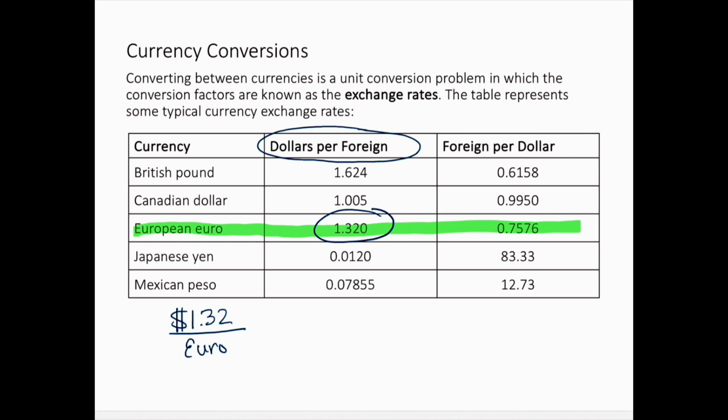So every euro is equivalent to $1.32. When you look at this column, that means foreign per dollar. So the amount of the foreign money per dollar. So that's going to be 0.7576 euros per 1 US dollar.